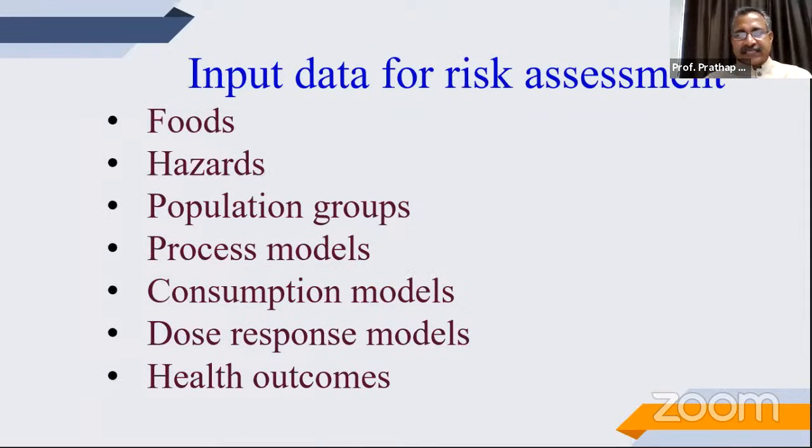Therefore, when you do the risk assessment, inputs such as what kind of food, what kind of hazards, what kind of population groups are intended, process models, consumption models, dose response models, as well as the health outcomes, are all taken into consideration.